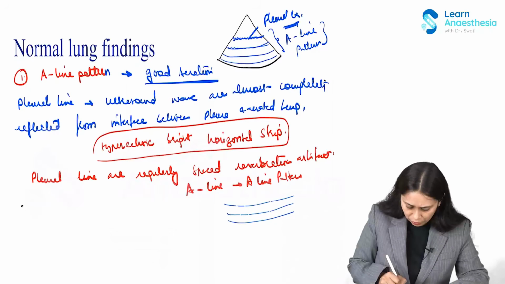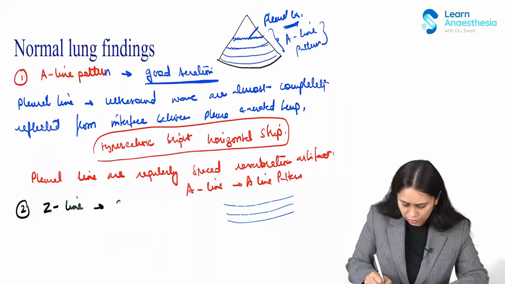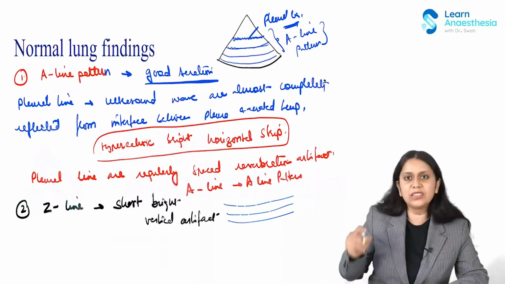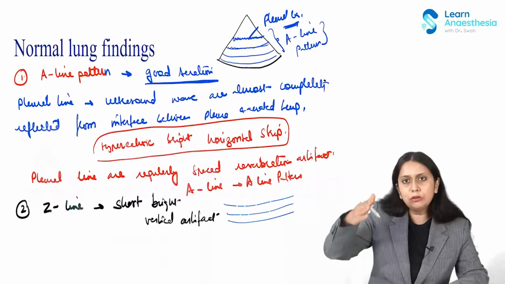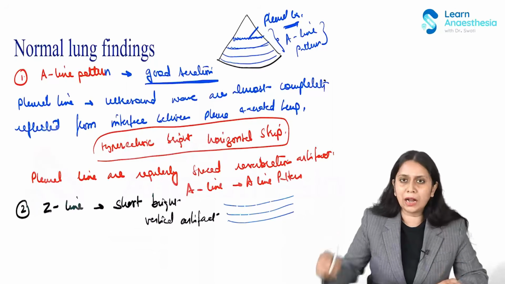So we have something called Z line, which is a short bright vertical artifact, and this should not be confused with B line, which is a vertical artifact running through and through on the screen.